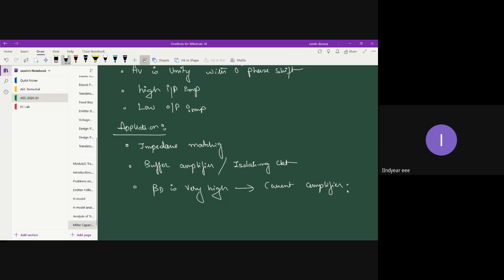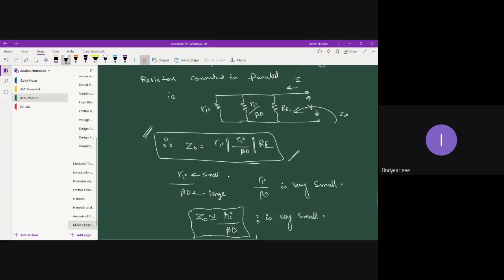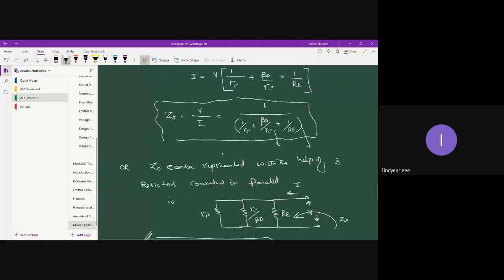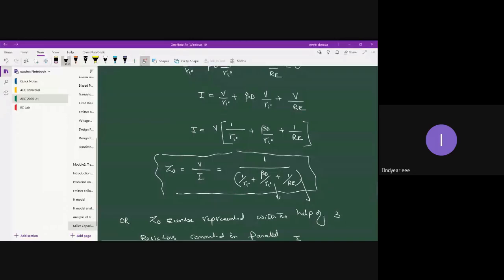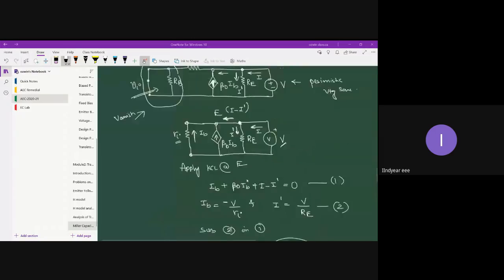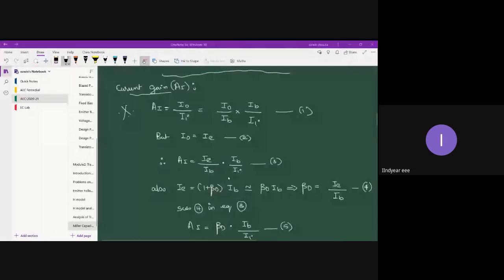If you want to increase the value of output current, Darlington emitter follower is the best circuit to use, simply because the overall current gain is theoretically the product of individual current gains. So these are the major applications of Darlington emitter follower. In this analysis, what you have to look into is the output impedance, which is slightly different. So that's about your Darlington emitter follower analysis.